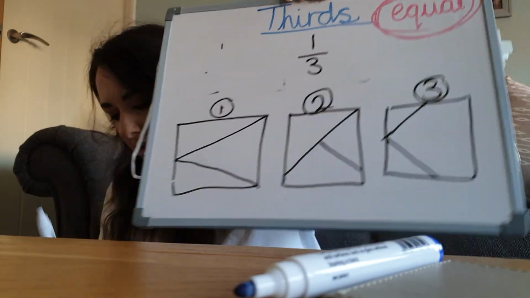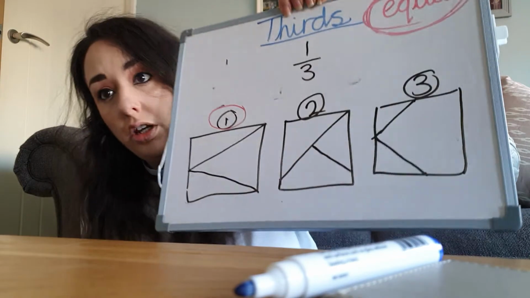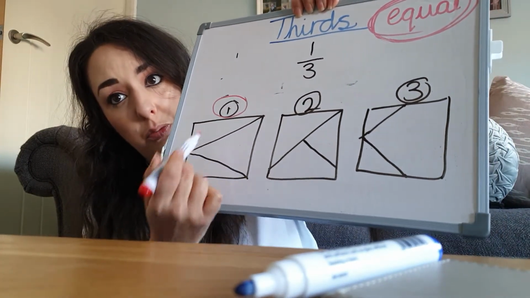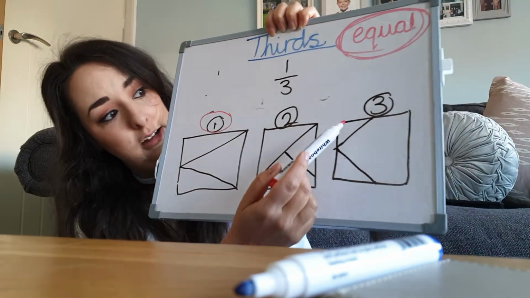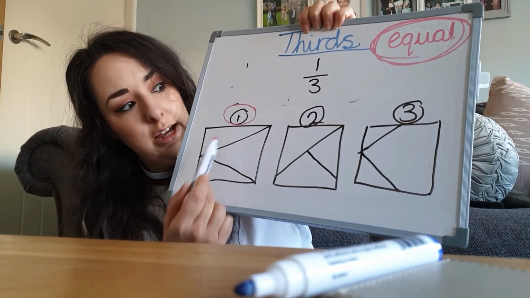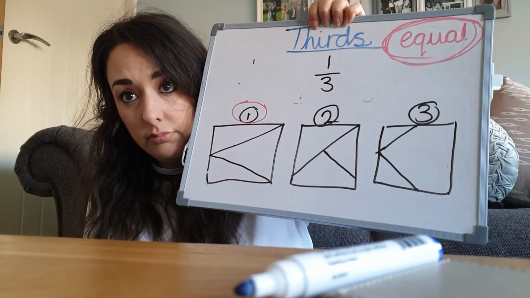So if you have chosen number 1, you would be correct, because if you look, number 1 has got 3 equal parts. Number 2, they're all different sizes, and with number 3, they're all different sizes. But this one is split into thirds, and if I want 1/3, how many pieces do I colour?